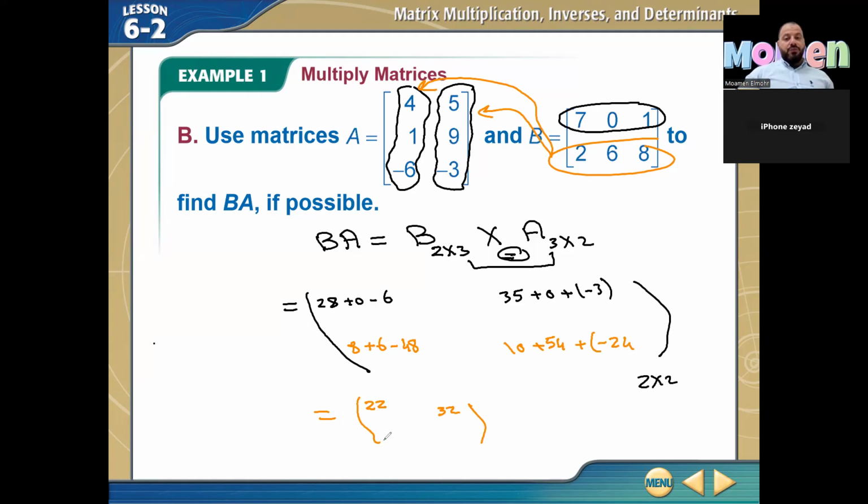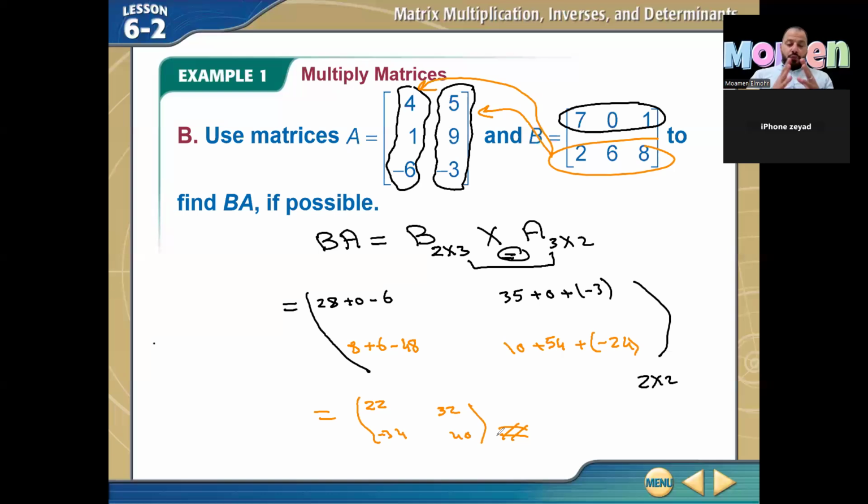And we have negative 48 plus 8 equal negative 40. So negative 34. And here we have 54 minus 24 is 30 plus 10 equals 40. This is our answer. So now we have the multiplication for A times B and B times A.